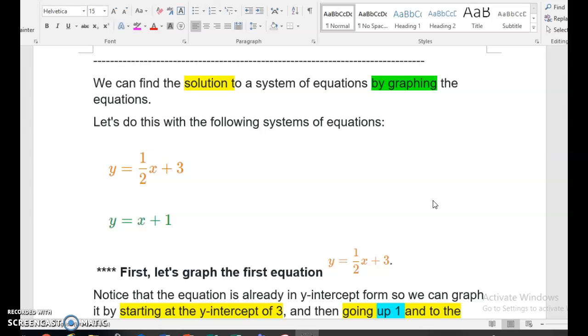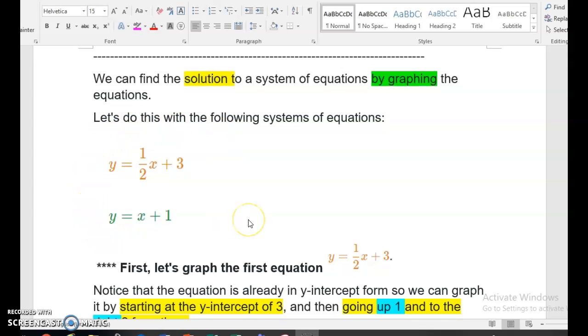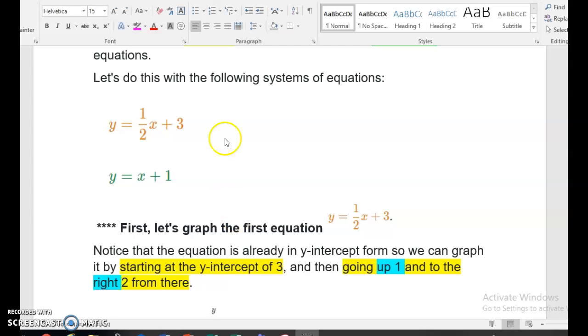We can find the solution to a system of equations by graphing the equations. All right, let's do this with the following system of equations. Don't forget, a system of equations takes at least two. Of course, it takes two to tango.